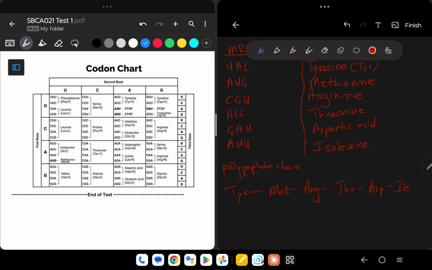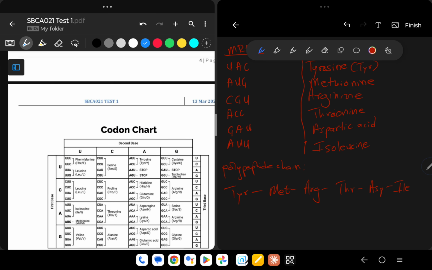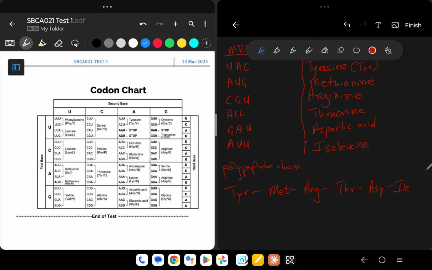So this tells you we don't have a stop codon here. So the translation will occur again and again until it forms a stop codon. So that's it for those examples, and then we're going to keep on continuing on making other examples and trying to see how we can attempt them. Thank you.